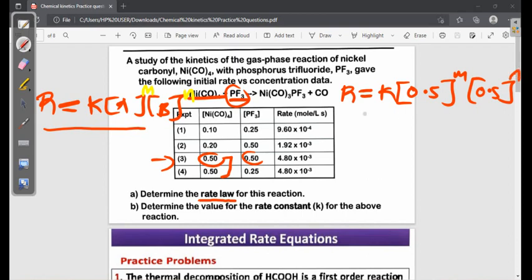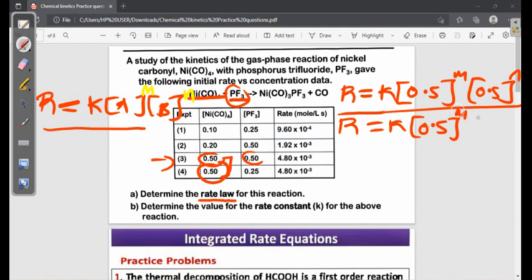Divided by, so I'll divide by the other one, which is the fourth one. R is equal to K, then again it is 0.5 for our A, our nickel carbonyl, the same power m, and then this other guy is 0.25, to the power n as well. So you agree with me that each time you have something that is the same, these will divide, right?